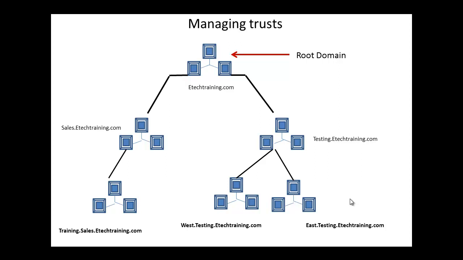There are other types of special trusts that you can also configure. You have your external trust, you have your realm trust, you have your forest trust, you have shortcut trusts. Let's take a look at these different types of trusts that can be configured within the forest.